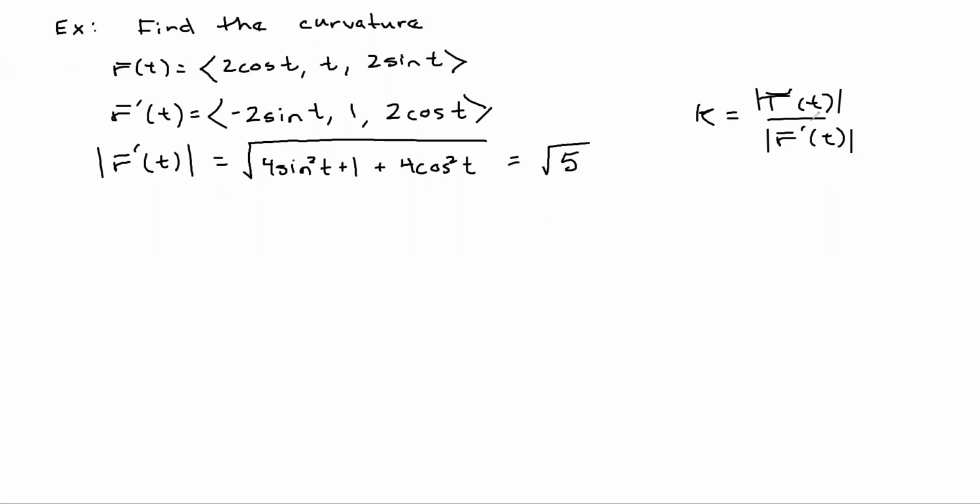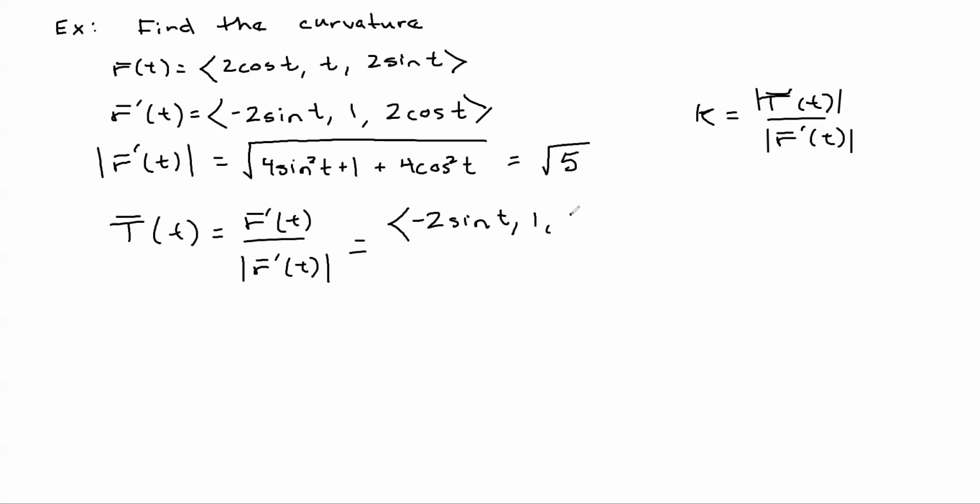Now, to find the length of the unit tangent, we first need to build the unit tangent. If you recall from the previous video, the unit tangent is r prime divided by the length of r prime. We can use these previous two results to define it. It's negative 2 sine t, comma 1, comma 2 cosine t, all over the square root of 5.